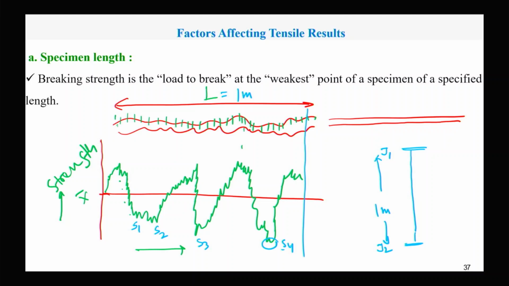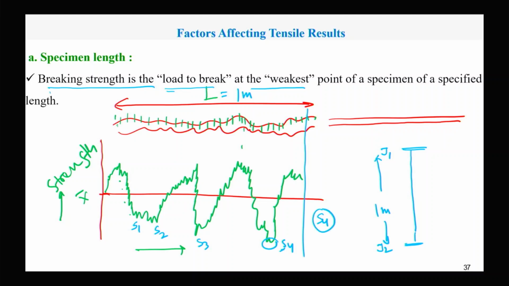So S4 is the weakest among all these different lowest point peaks. So the breaking strength is the load to break at its weakest point. So if we take the gauge length as 1 meter, then the strength will be S4.